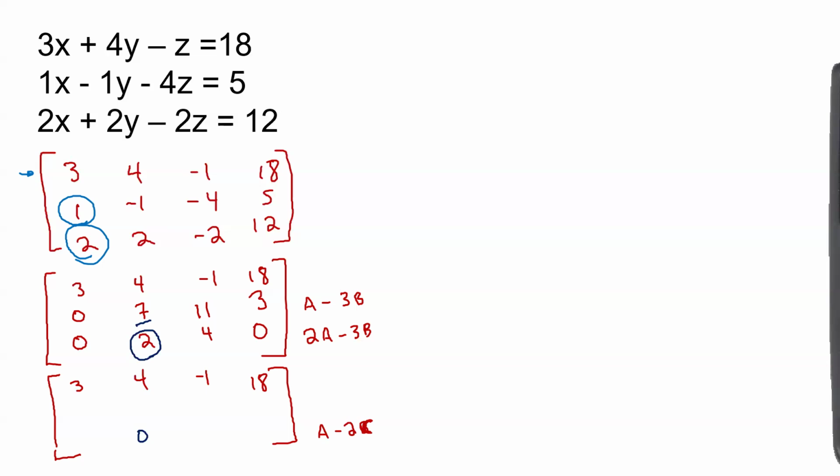What did we do? A minus 3B. That worked fine. The 2A, this should have been a C, not a B. Okay. So now we've got our 0 there. This one would be the top number, 4 minus 2 times 2. There's my 0. When I do this one, I've got a 3 up top minus 2 times 0.